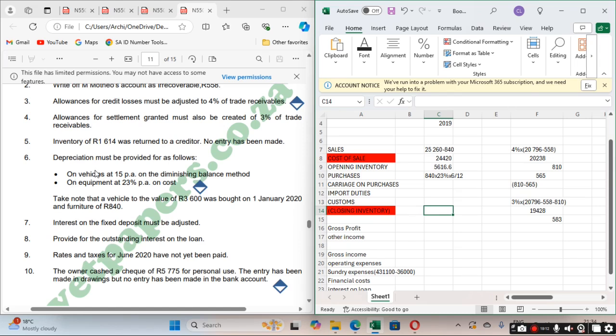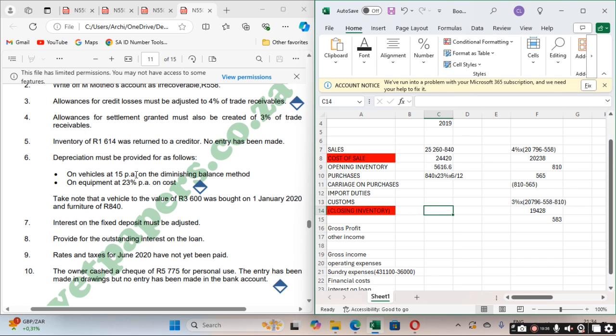And then now for this one on vehicle at diminishing balance method, we must also take into account that a new vehicle has been bought. Okay, so let's do this quickly. So how are we going to do this one?